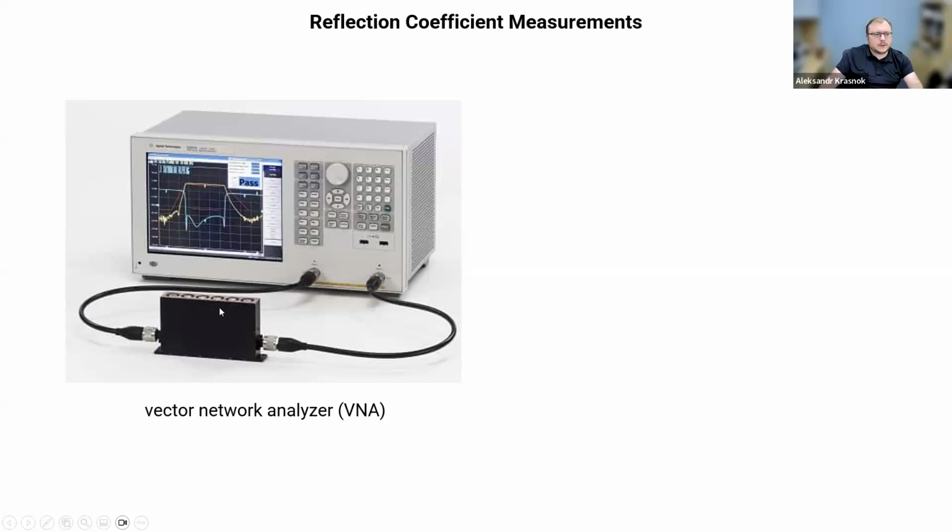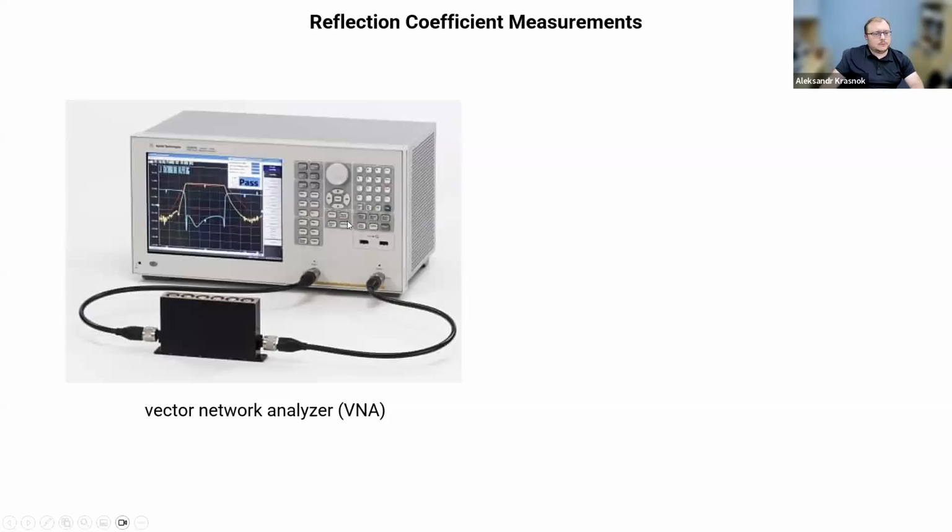As I said, it can be an antenna, whatever. Some energy transmits, some reflects. So it measures the reflected wave, the wave that returns back to this VNA, right? And comparing the two, it calculates the reflection coefficient.